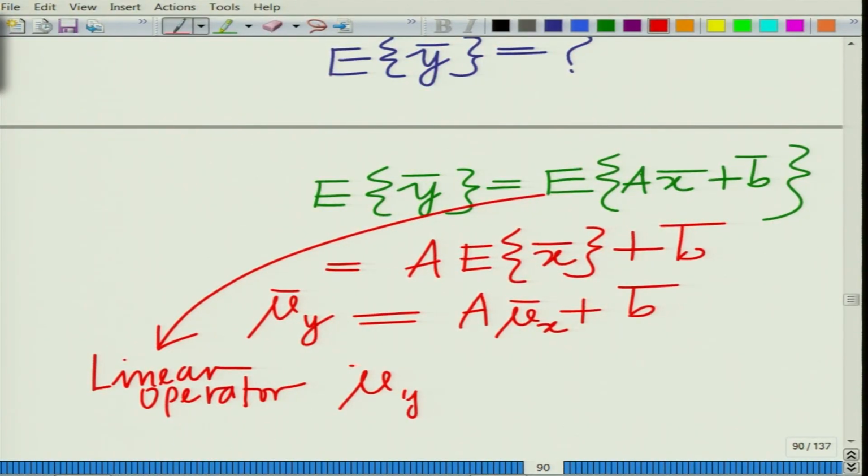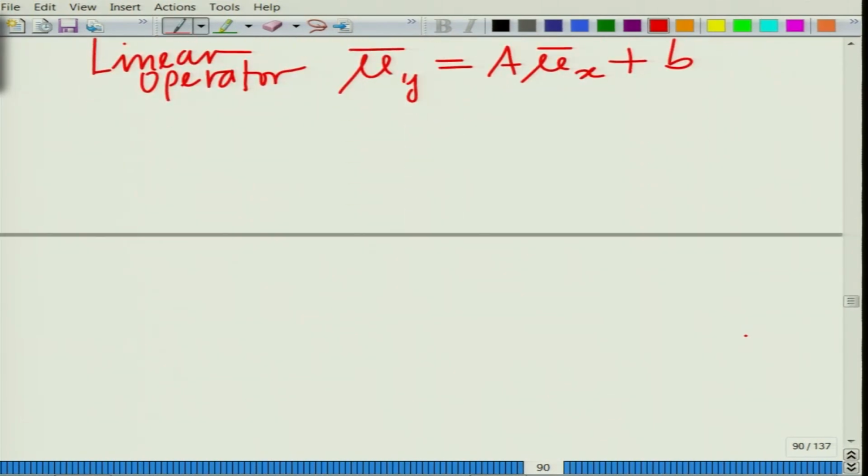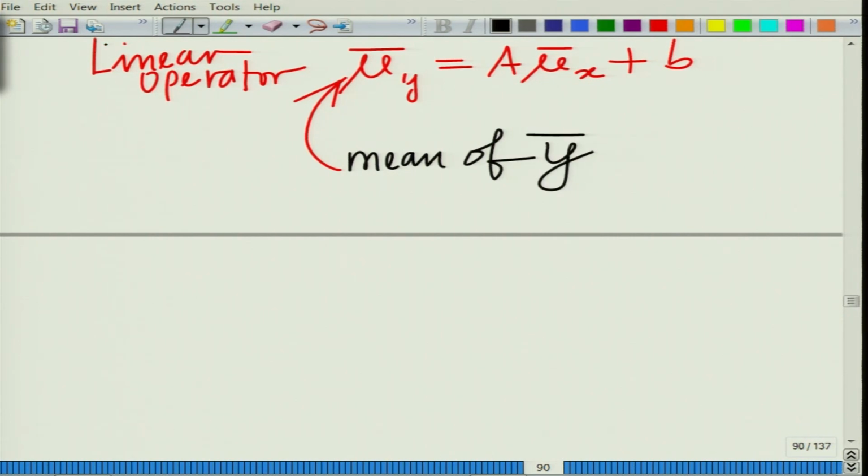So, mu bar y equals A times mu bar x plus b bar, alright. So, that is very simple. So, this is basically the mean of y bar.